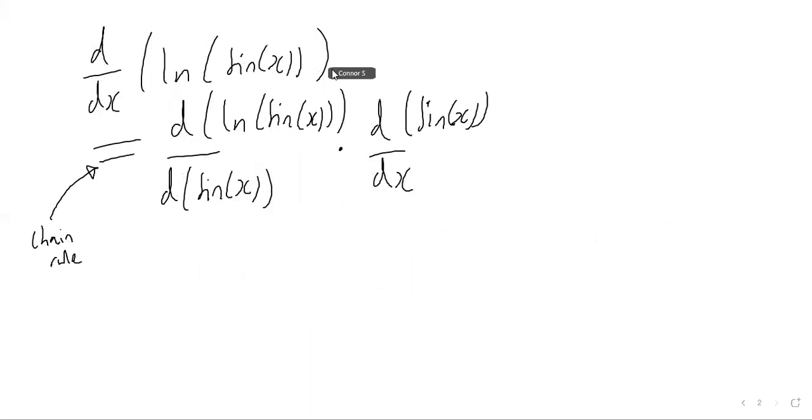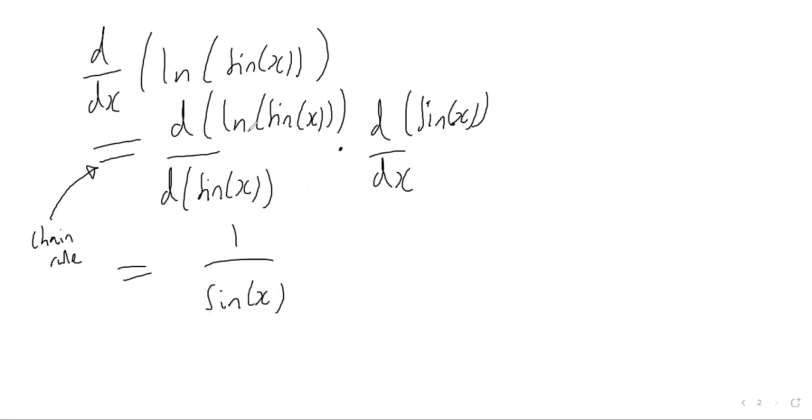Okay, so we know from previous videos that when we differentiate the natural log function with respect to some variable, we literally just get 1 over such a variable. So this first derivative is going to come out to be 1 over sine of x.